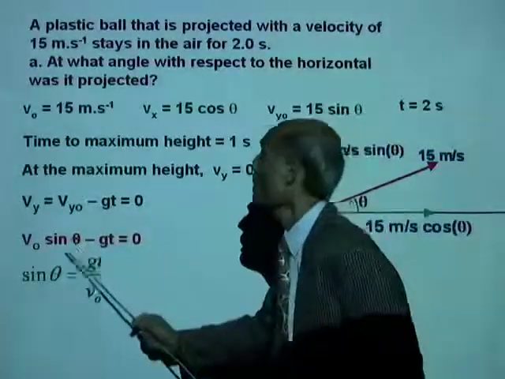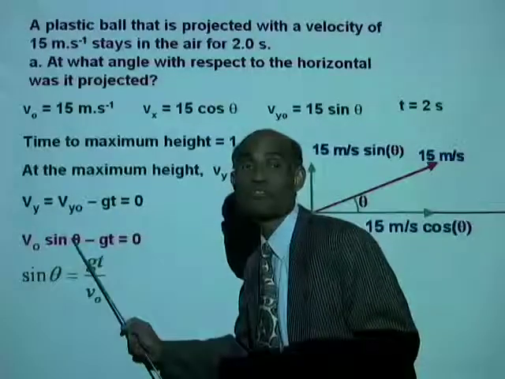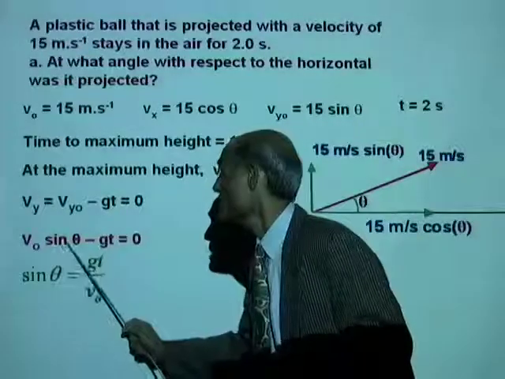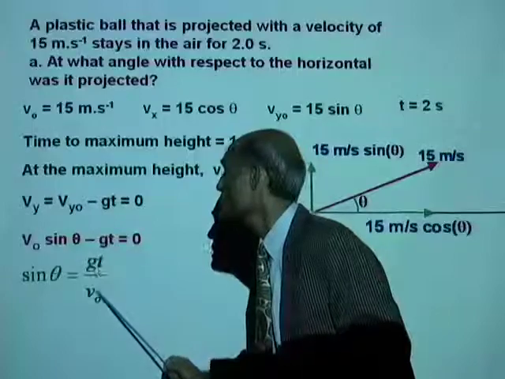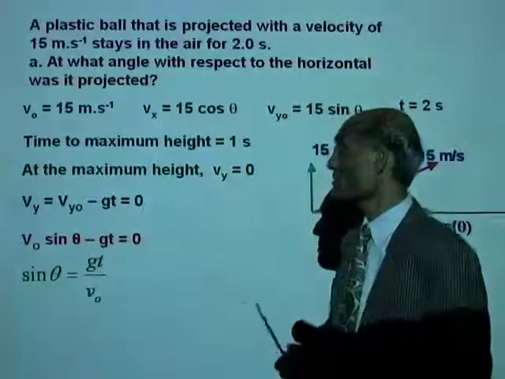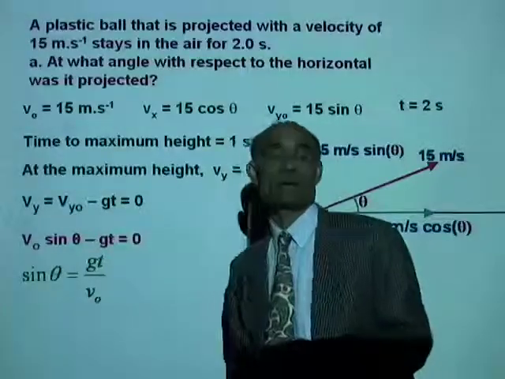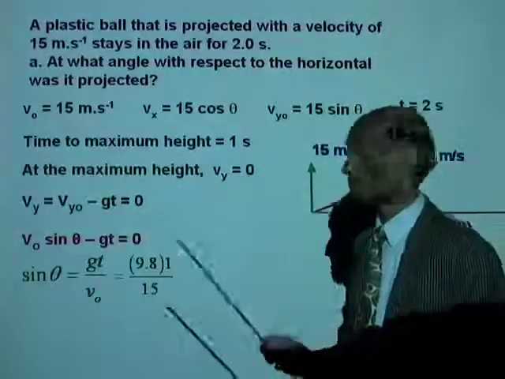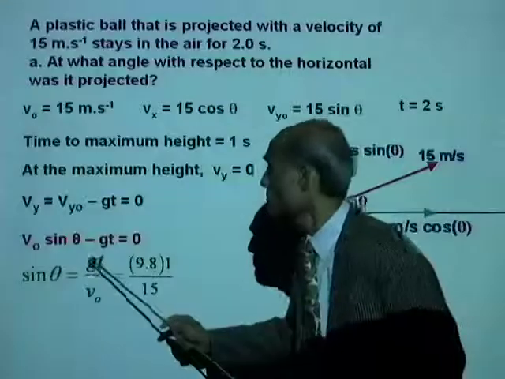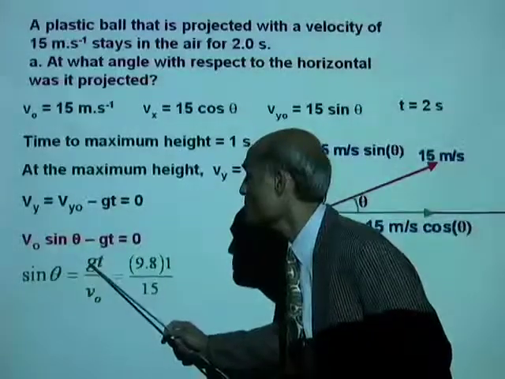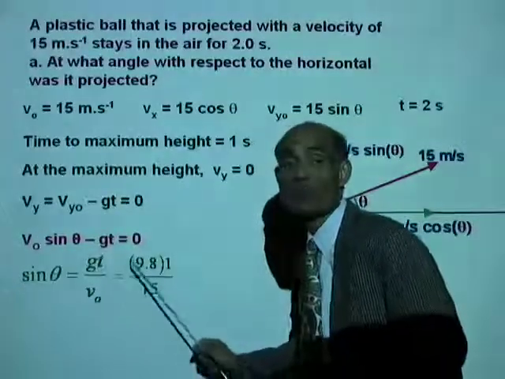And therefore, I'm going to solve for sine theta from here. Sine theta equal to gt divided by V0. That's okay? Let's leave that equation there. And, well, we know the value of gt over V0.